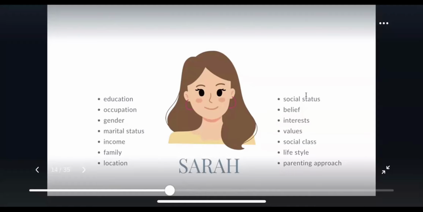And trust me, we are not only doing this for the freebie. This is something that you should hang above your computer. And every time you work, you write an email, you create a post, you write a newsletter, look at this person and write to them. I literally, in the beginning of my business, when I was really trying to find my voice, was always looking at them and just typing, "Dear Sarah, dear Sarah, you know what I noticed?" Whatever it is.